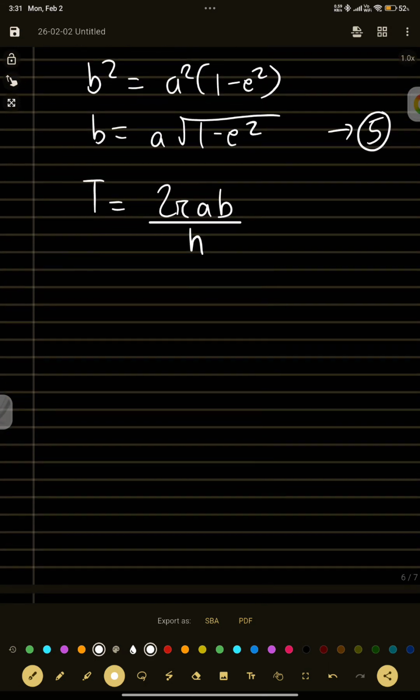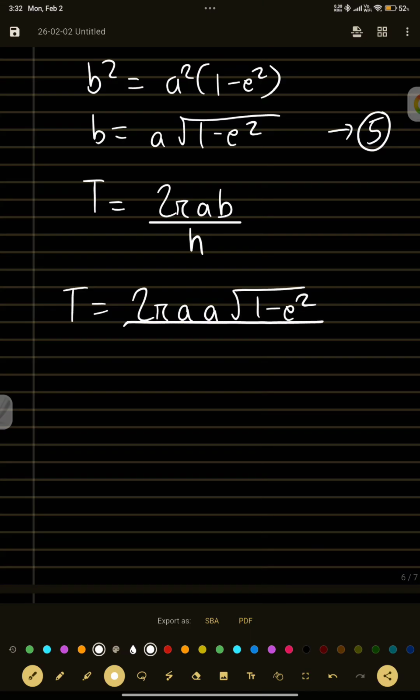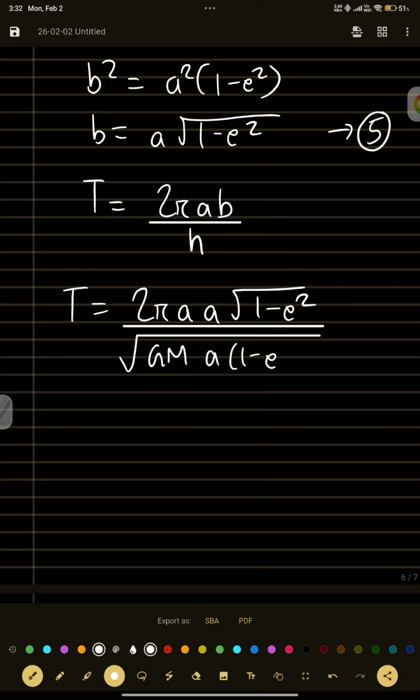T equal to 2 pi a square root 1 minus e square. Now h you replace as root GM root a. Okay? Is this making sense?